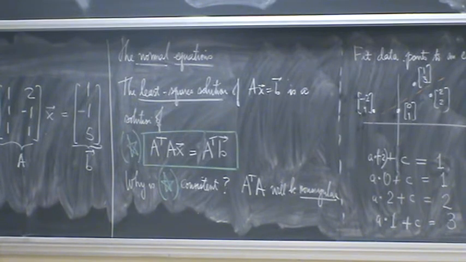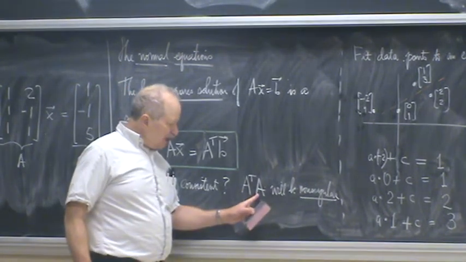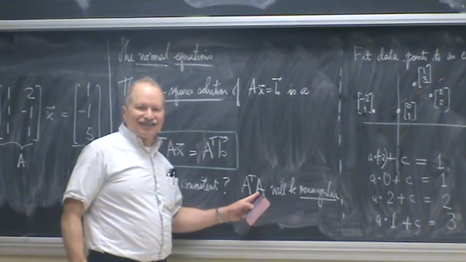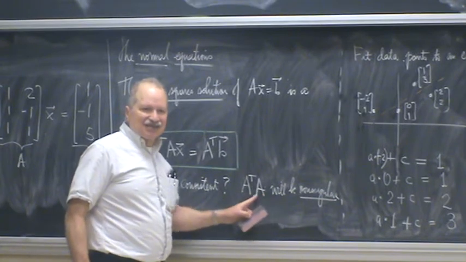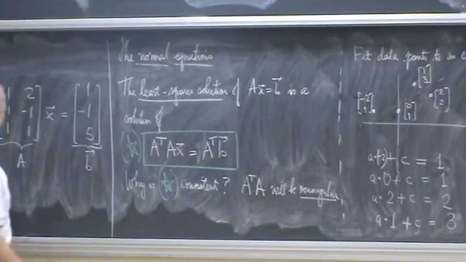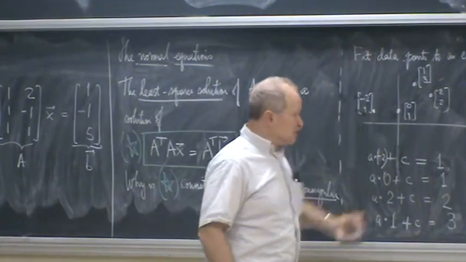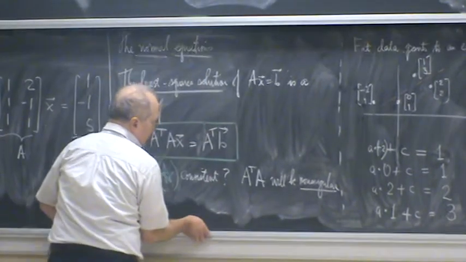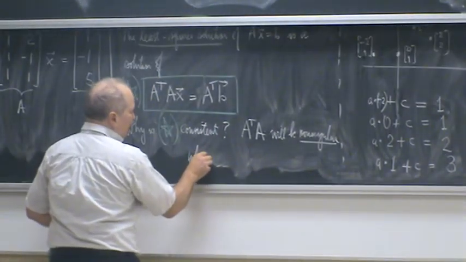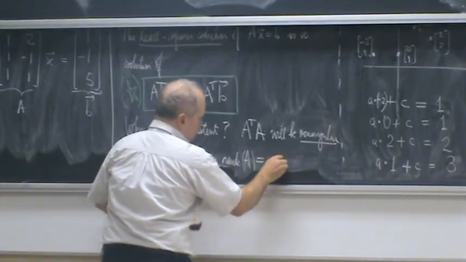If the columns of A are linearly independent, this is always a non-singular matrix. But we made it that way when I was setting up the general problem. So this will be non-singular whenever the rank of A is the number of columns, which is m.